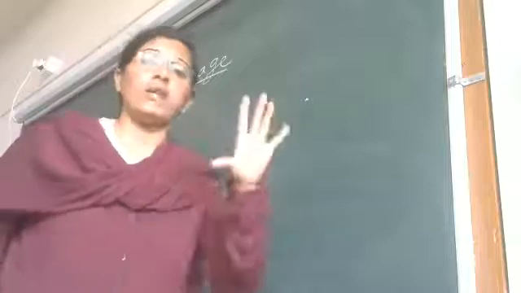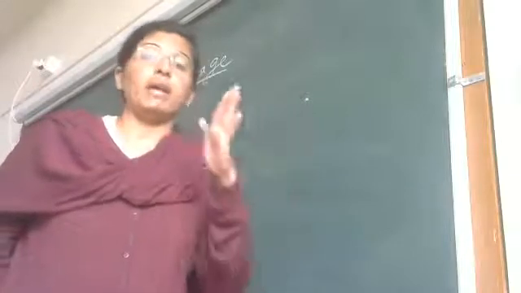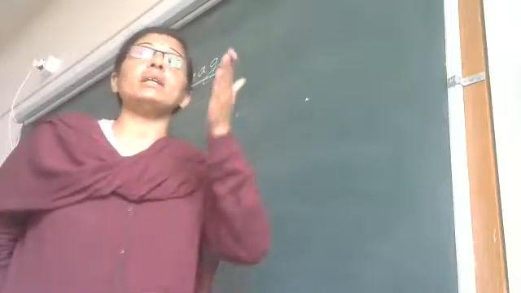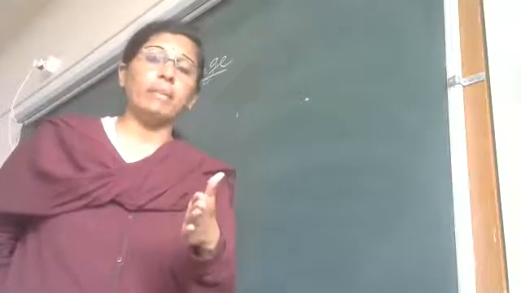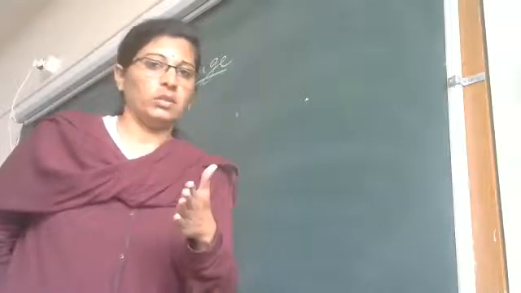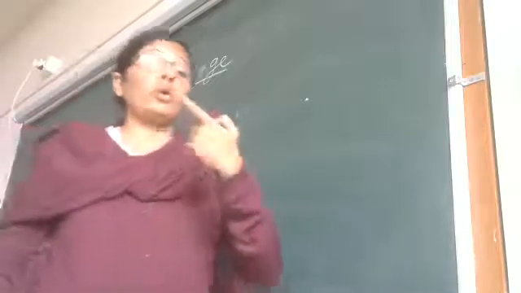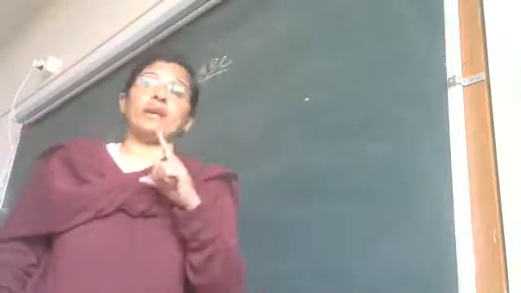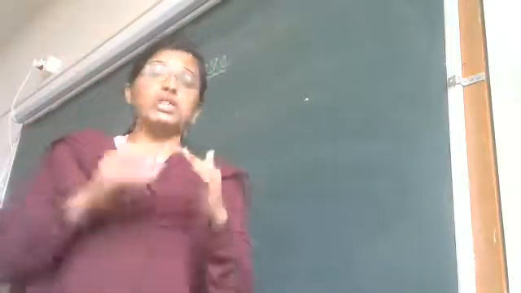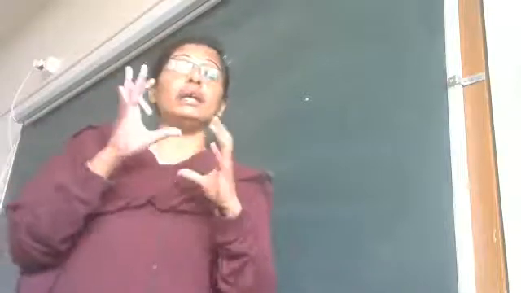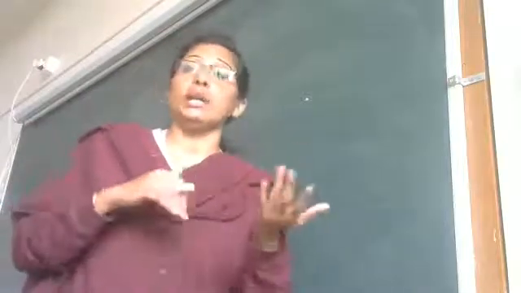Like percentage is out of 100, out of total. But average is what? We have to find the middle value, the central value. Meaning of average? Yes, the central value. But we have to keep in mind that whenever we are finding average, the quantity should be the same, like units.